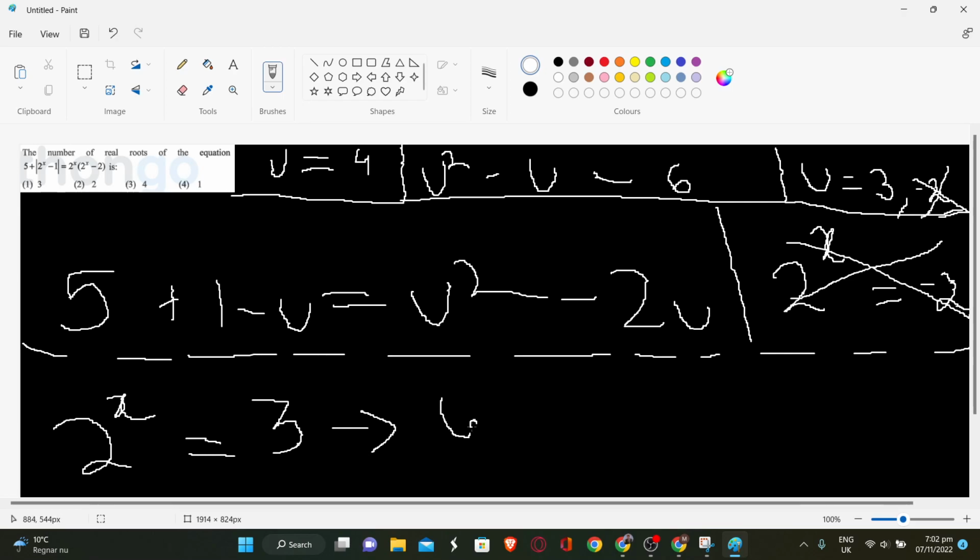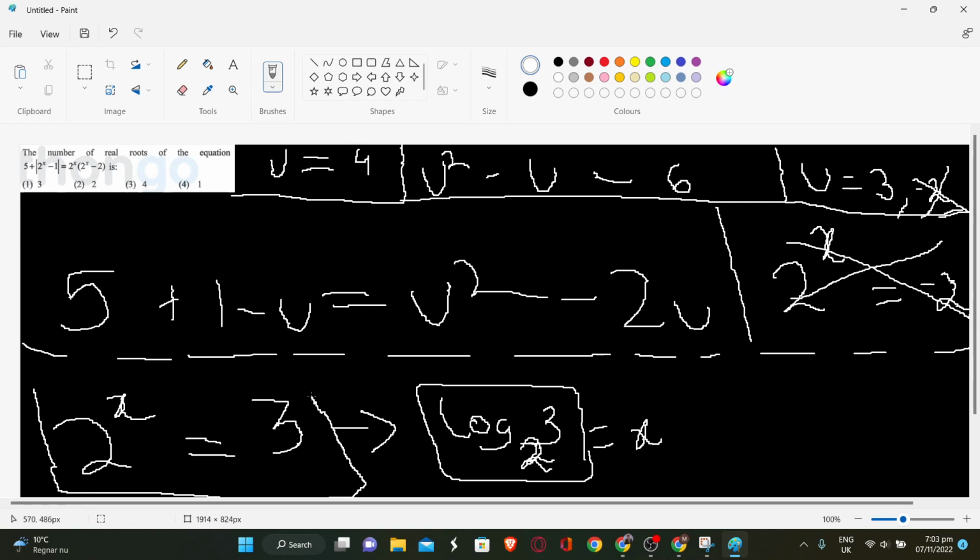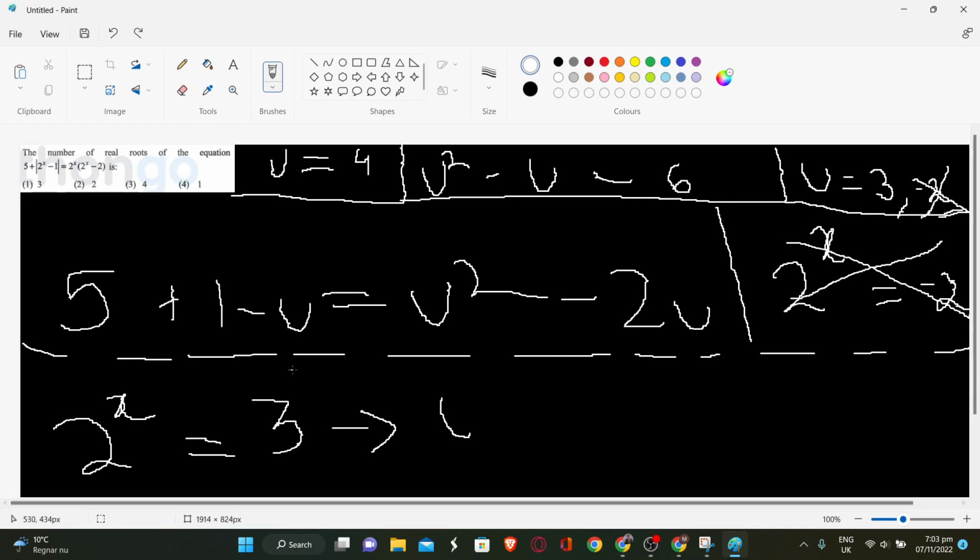Essentially, what this means is that log base 2 of 3 is equal to x. So if you don't understand log and all that, just focus on this. 2 to the power x is 3, and we know that 2 to the power 1 is equal to 2, and 3 is greater than 2.